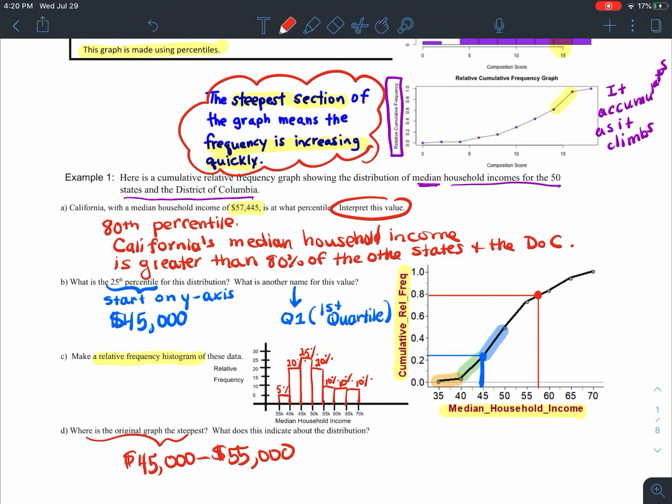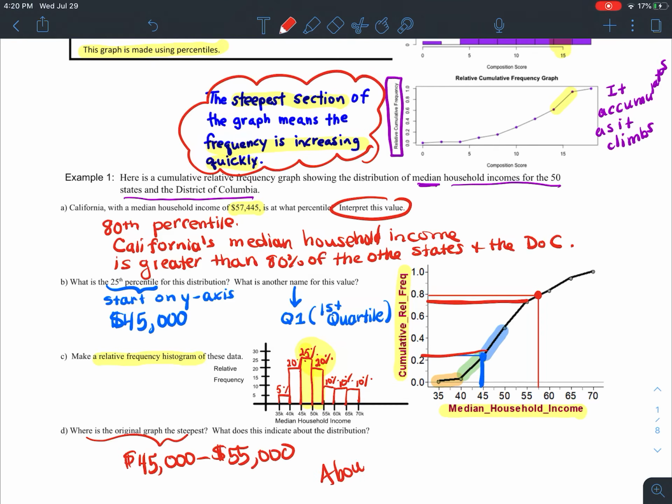From 45,000 to 55,000, let's see how much is enclosed there. From 45 to 50, and it might even be easier for me to look here. From here to here, I'm including this much. I'm almost including half of the states, roughly 45% of the states are included there, because if I combine these two percentages together.